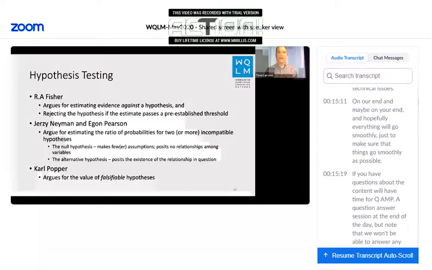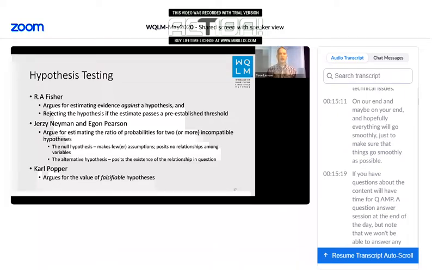And this is where we get the idea of a null hypothesis and an alternative hypothesis. And this will come up throughout the day. But the null hypothesis is the one that makes fewer assumptions.